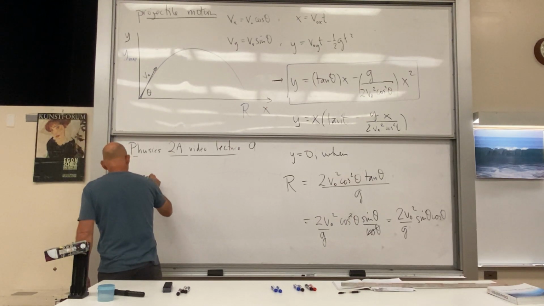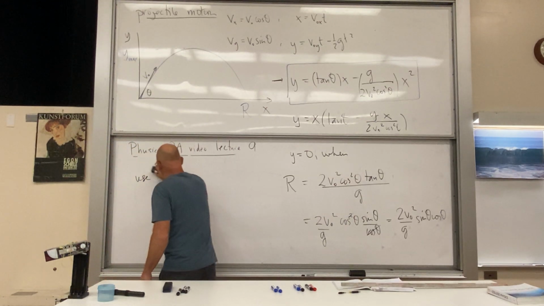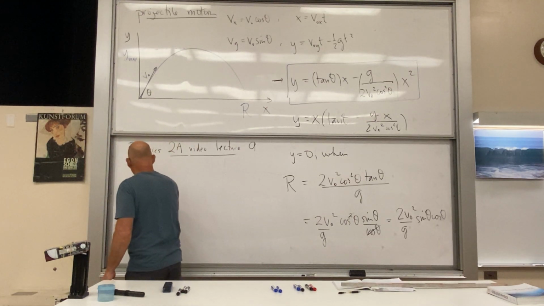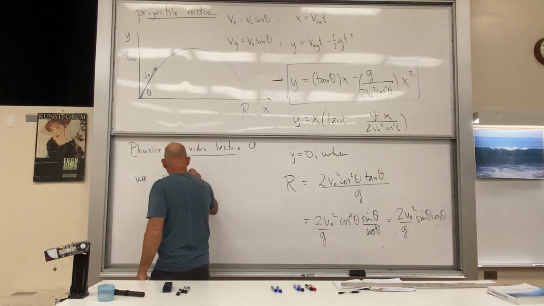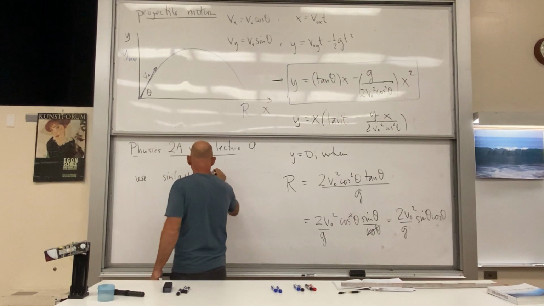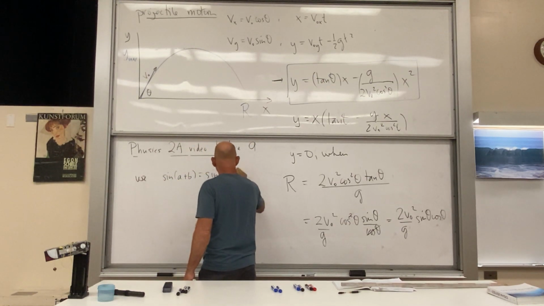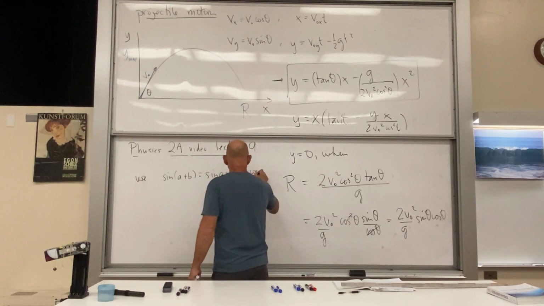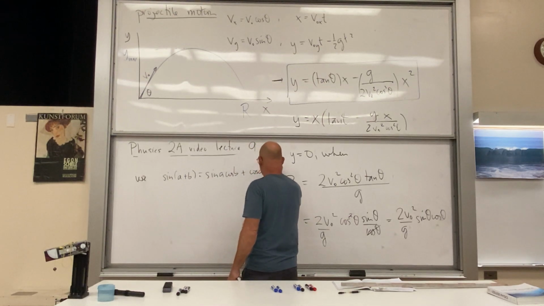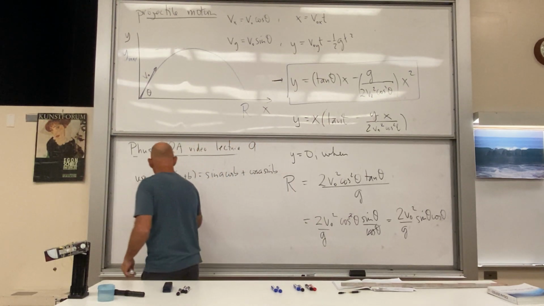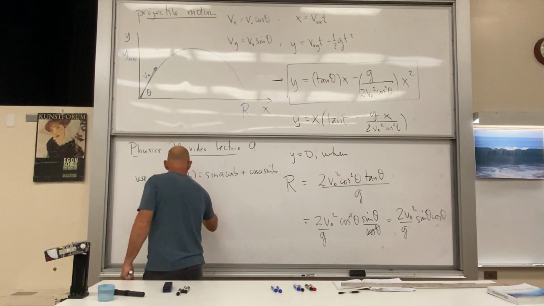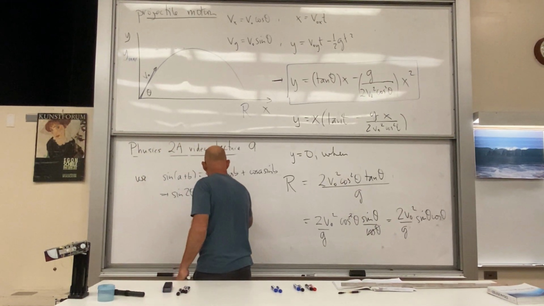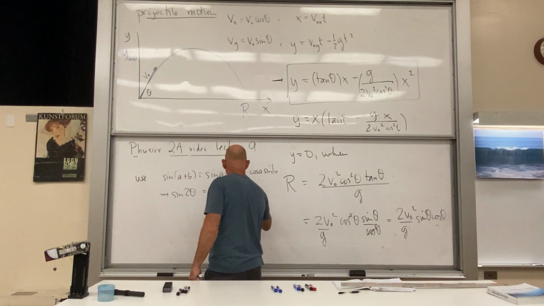There's a trig identity. Use sine of a plus b equals sine a cos b plus cos a sine b. That means sine of 2 times theta equals 2 sine theta cos theta.